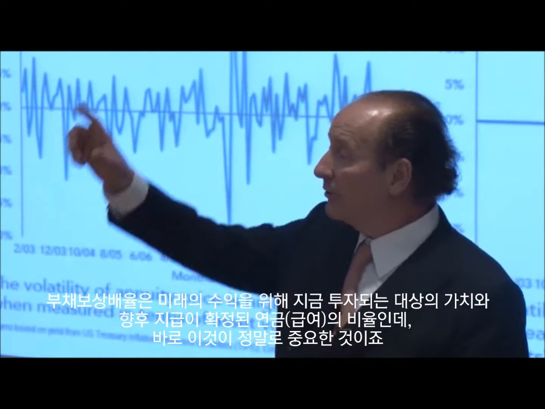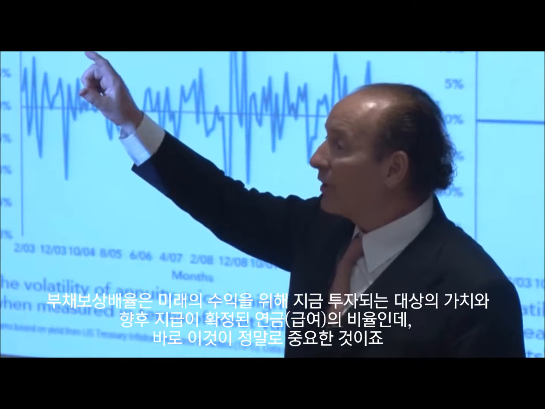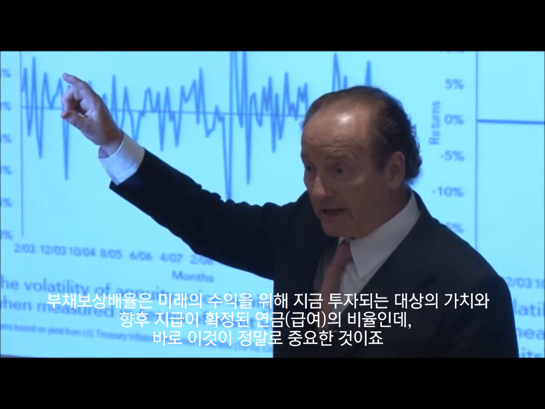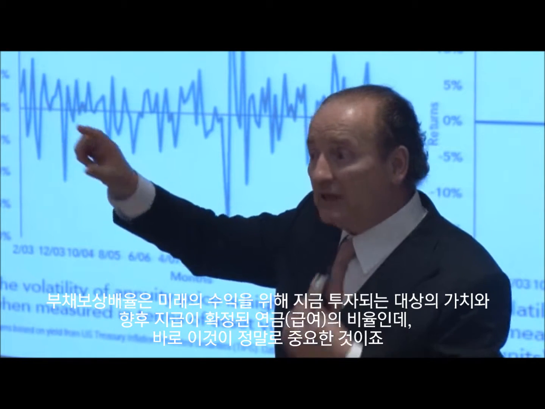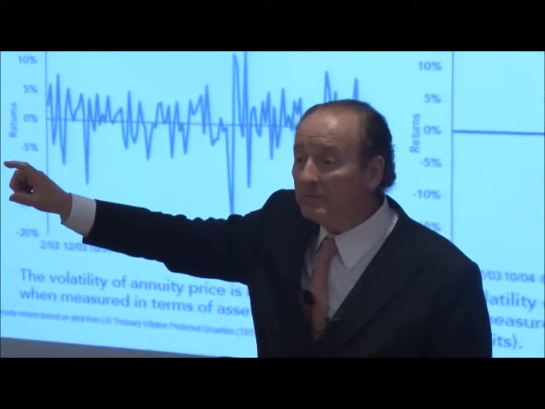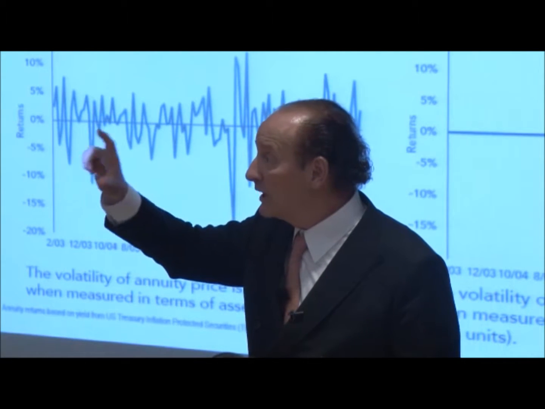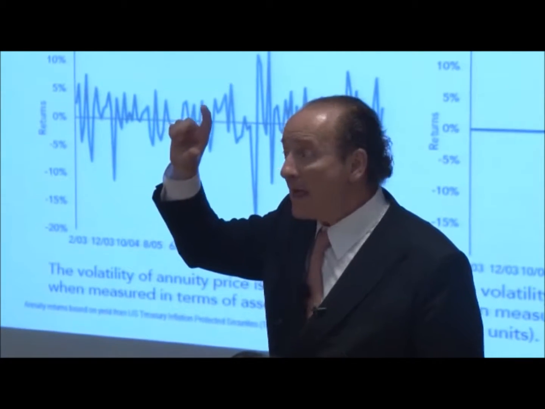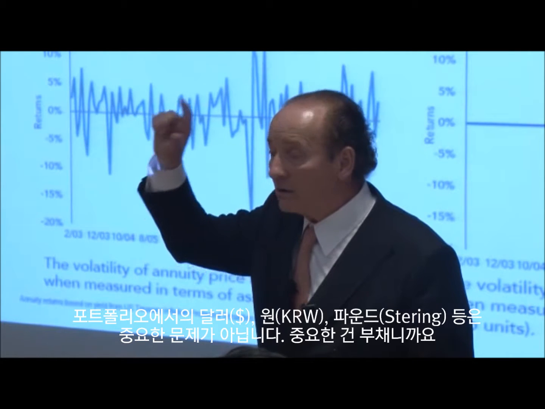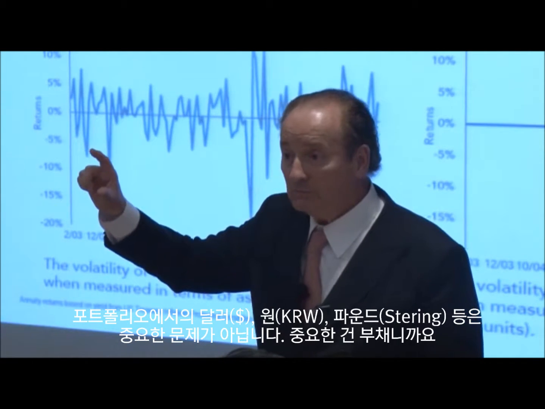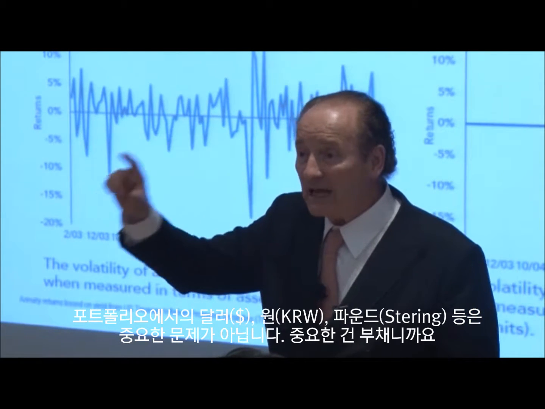The funded ratio is the value of what I could buy in future income today to the value of the income that I promised to give. That's what really matters. Not the dollar or the won or the sterling value of the portfolio. Because that's the liability.